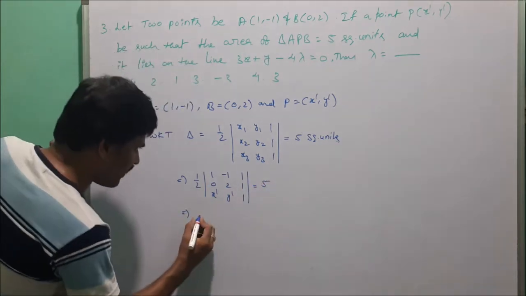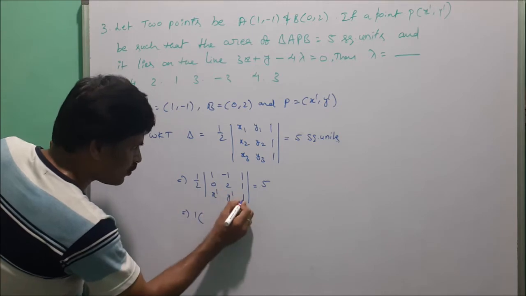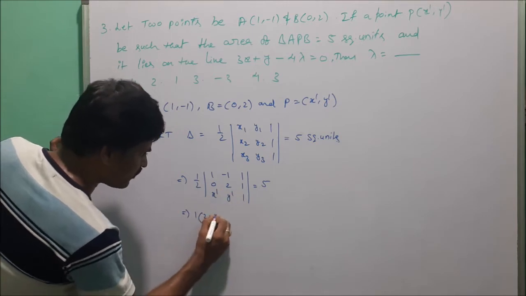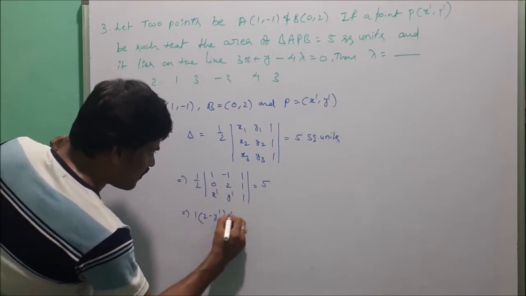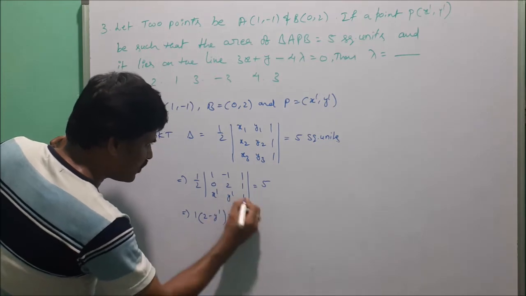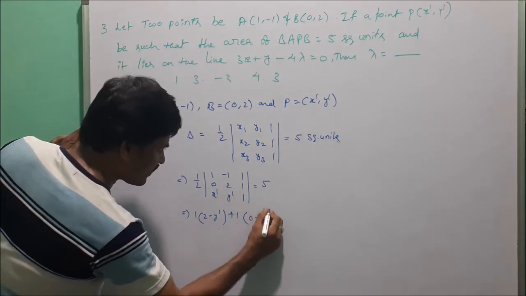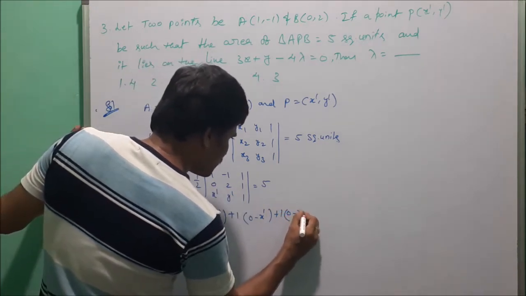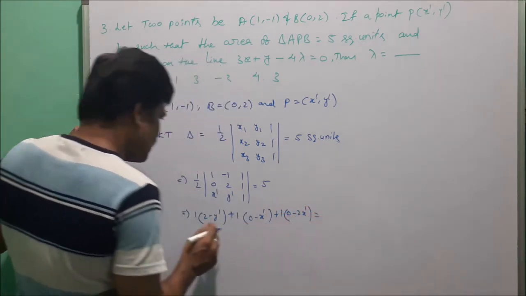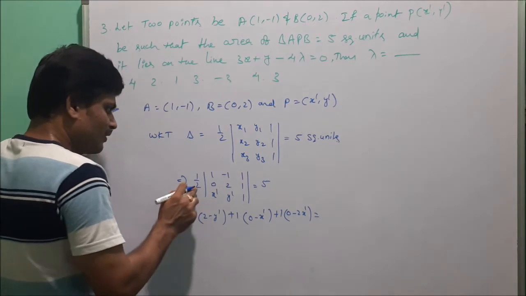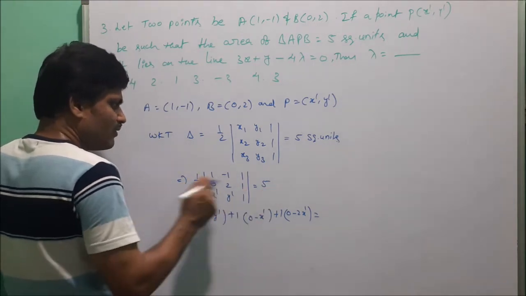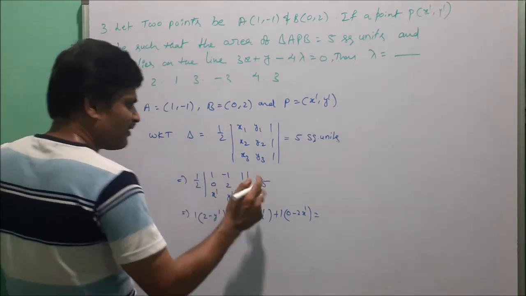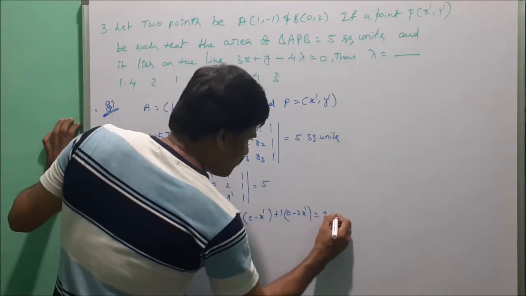Now we simplify: 1 into (2 minus y dash), minus of minus, plus 1 into (0 minus x dash), plus 1 into (0 minus 2x dash) equals, here we take 2 to the right side, multiply with 5, that is 10, plus or minus 10.